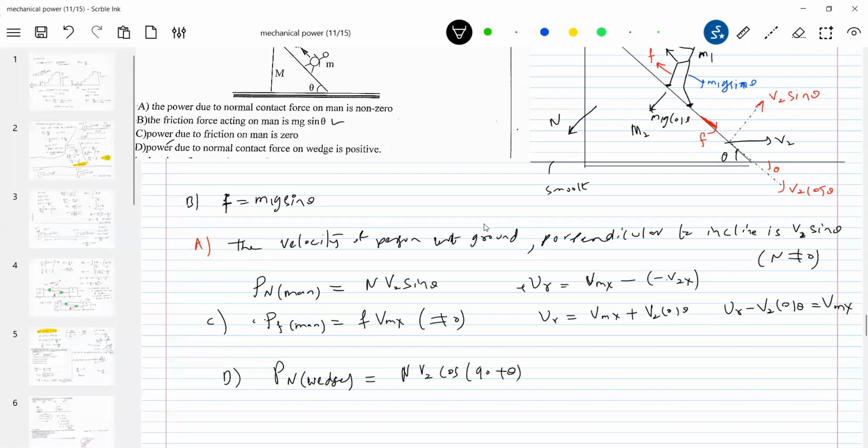Am I right? Because N is acting like this. This is the velocity of the wedge. This is the normal contact force acting on the wedge. This is theta. What is the angle between the normal contact force acting on the wedge and the velocity of the wedge? 90 plus theta. So will it be positive? It will be negative, no?